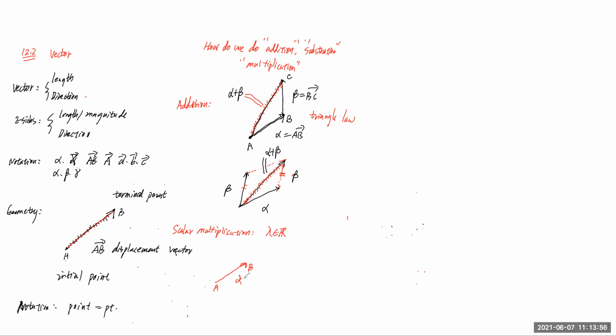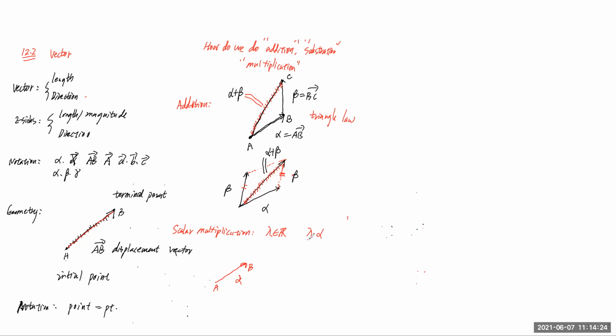We just make a rule: in the future, if I write a Roman letter, it's always a vector, because I will never use it for a standard number. That's a rule in the mathematics department. And then the question is, what's lambda times, or scalar multiplied by, alpha?